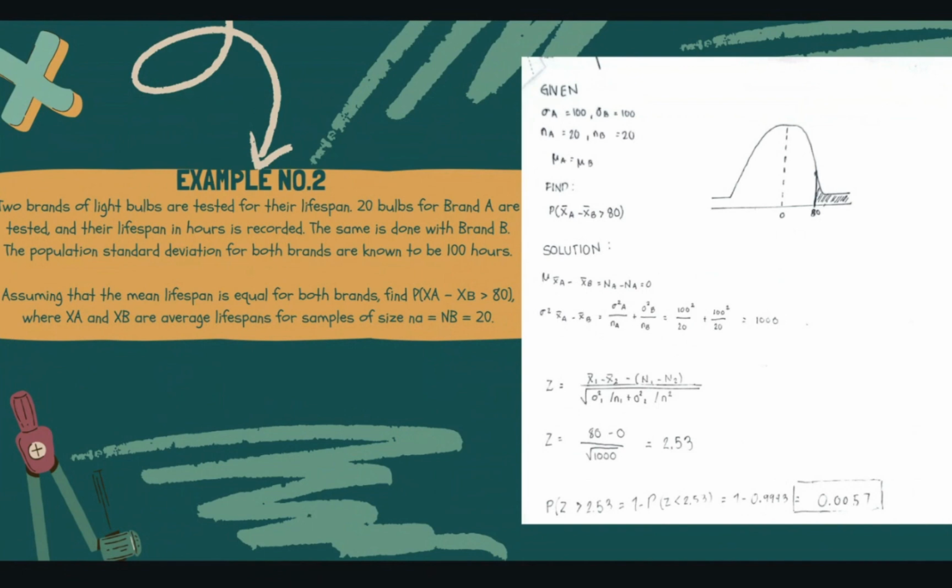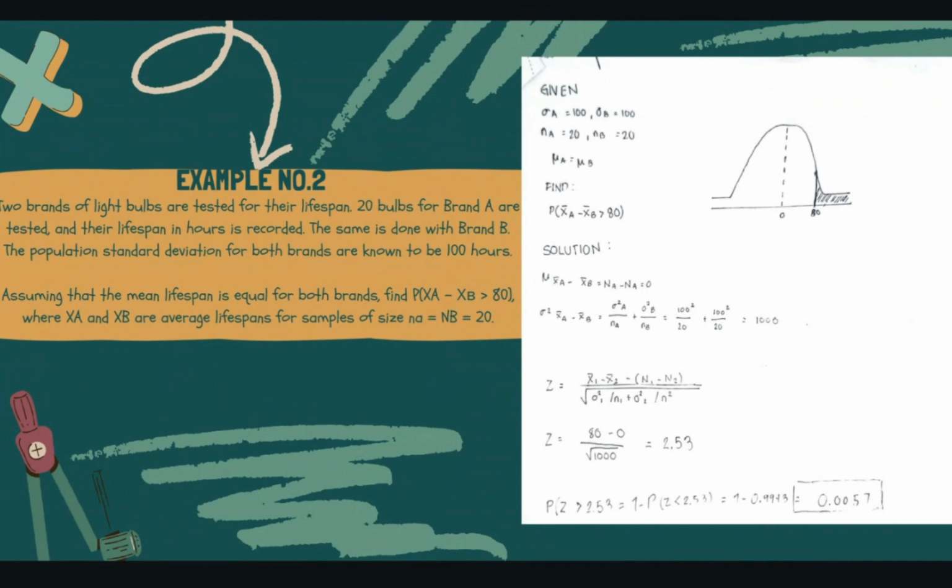Given sample size of A, n sub A, is 20. Sample size of B, n sub B, is 20. Population standard deviation of A is 100 and population standard deviation of B is also 100. Assume mean A minus mean B equals 0. This means we think the true averages are the same.